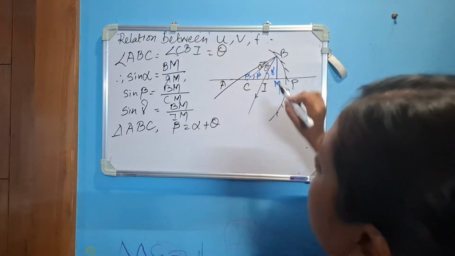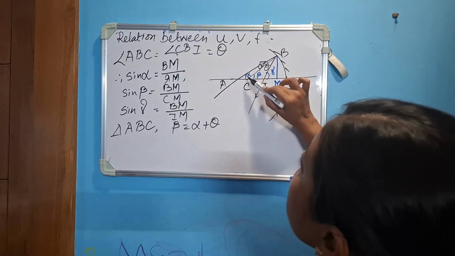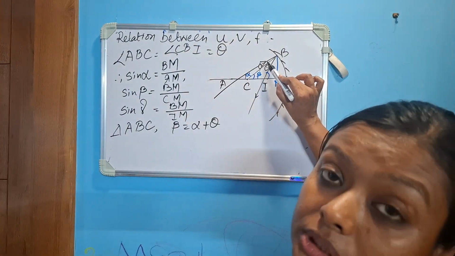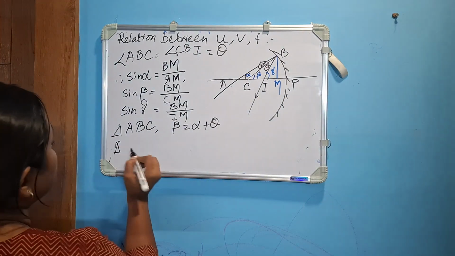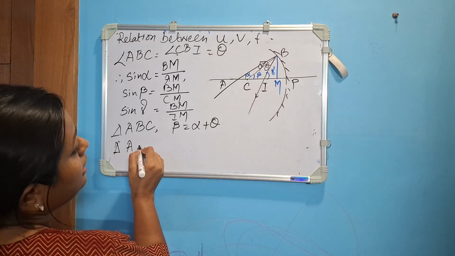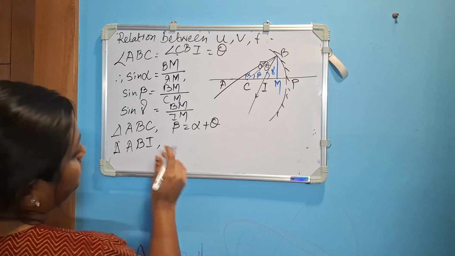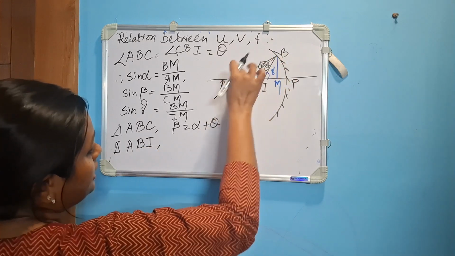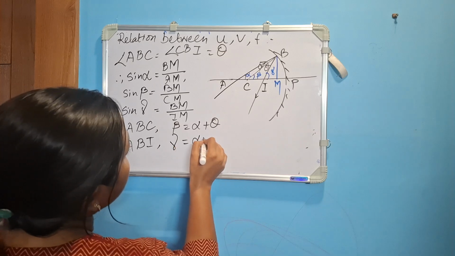Beta is this one and this is the external angle, and it is the sum of the opposite internal angles. Now the next triangle ABI. There also gamma equals alpha plus 2 theta.